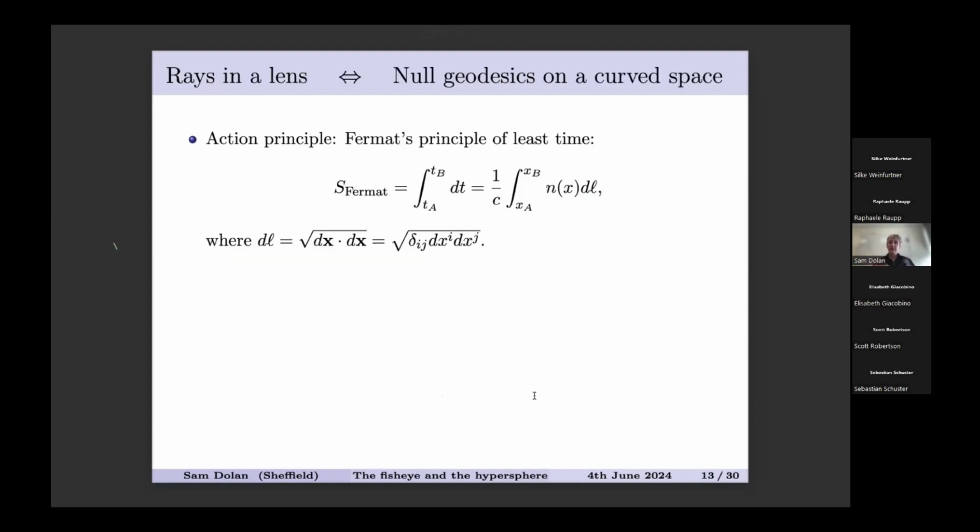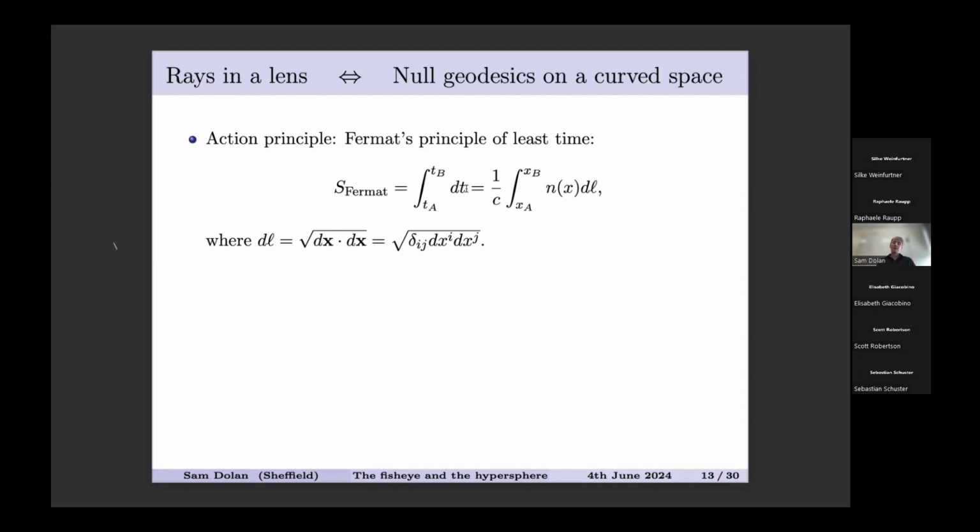So again, adding a little bit more detail to this, if we want to think about the rays in a lens, a good starting point is an action principle, and specifically Fermat's principle of least time. So the path between 2 points is that which takes the least time.